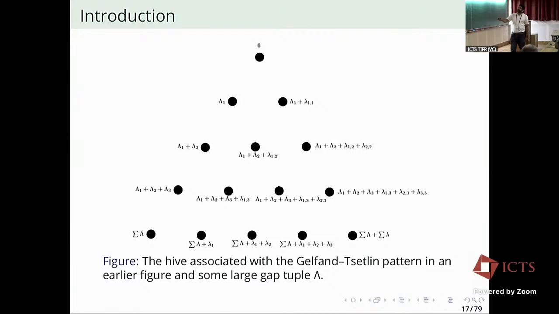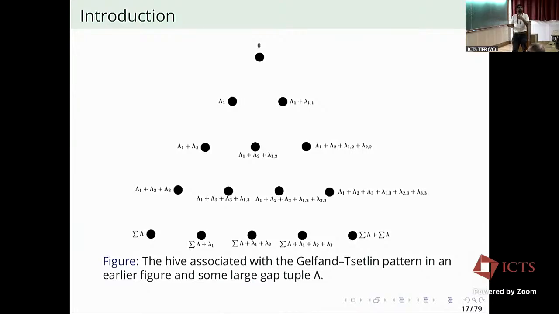Then you add capital Lambda 1 plus lambda 2 here, and then you go using the Gelfand-Zetlin pattern, you add lambda 1 2, then you add lambda 2 2, and you get this. Again here you write capital Lambda 1 plus lambda 2 plus lambda 3, and then you go along this row by adding first lambda 1 3, then adding lambda 2 3 to that, then adding lambda 3 3 to that, and similarly for this last row.